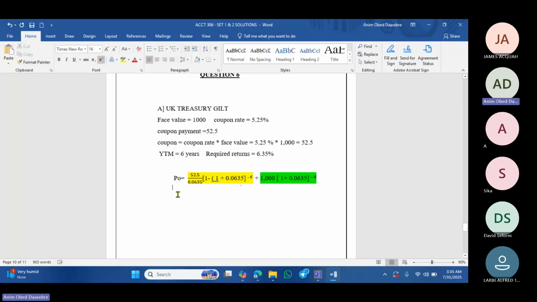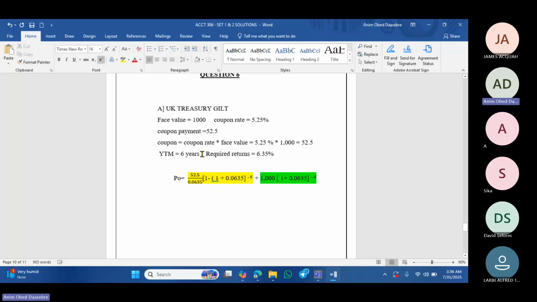The reason why we are using these formulas is that the coupon payment is an amount that is paid, a face amount paid over the maturity years.